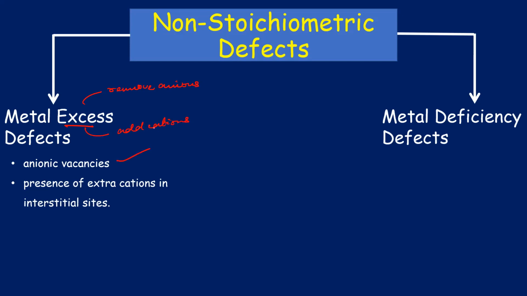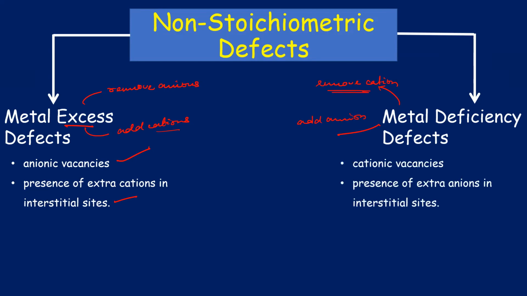Anionic vacancies will be there if I remove an anion, and if I add cation, then there will be cations in the interstitial site. For metal deficiency, we can remove cation, or we can add anion. If I remove cation, there will be a cationic vacancy, and if I add anion, there will be an extra anion in the interstitial site.